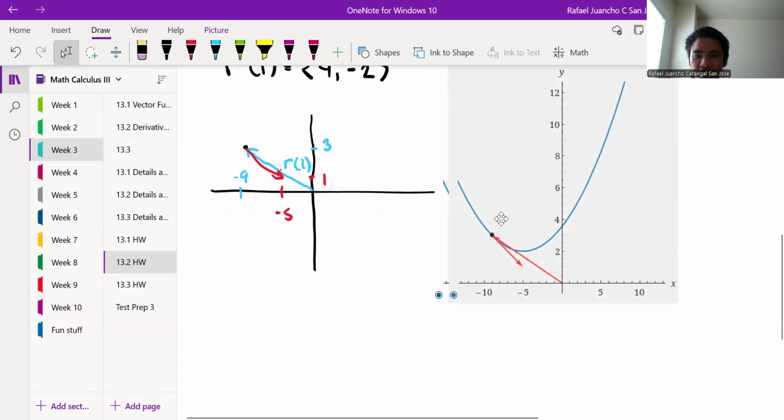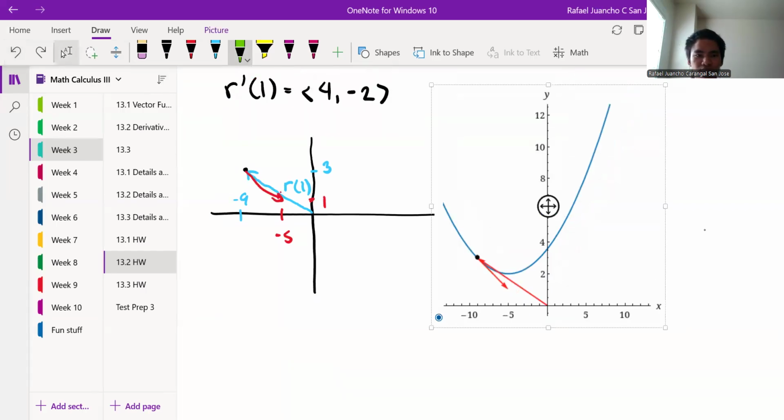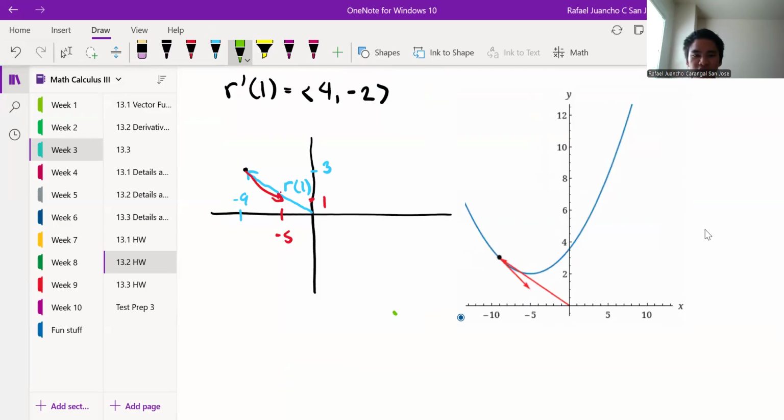So here we can see that the position vector is pointing here. So kind of like this. And the direction vector or the derivative is this thing. And based on here, we can see that it's traveling this way. How do we know?